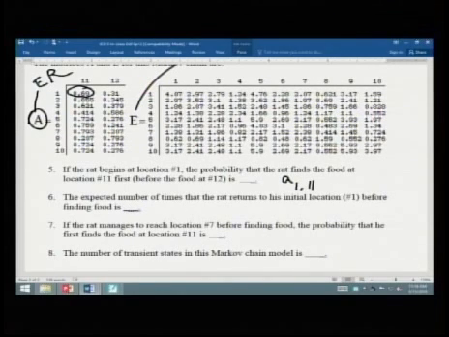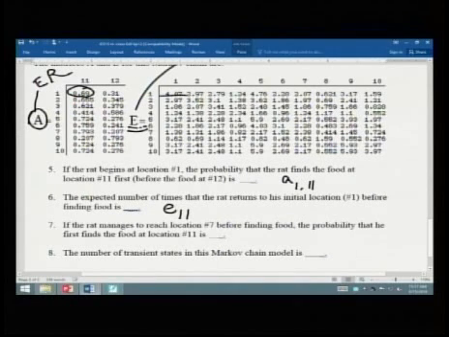How about number 6? What is the expected number of times that the rat returns to his initial location after finding food? In this case, we need to look at the E matrix, and that's going to be E11. What is that? 4.07.